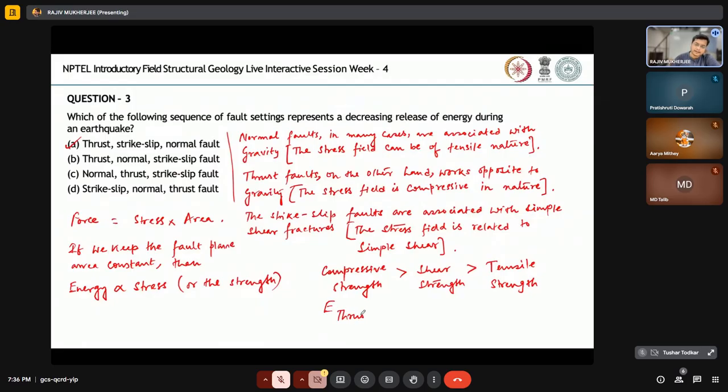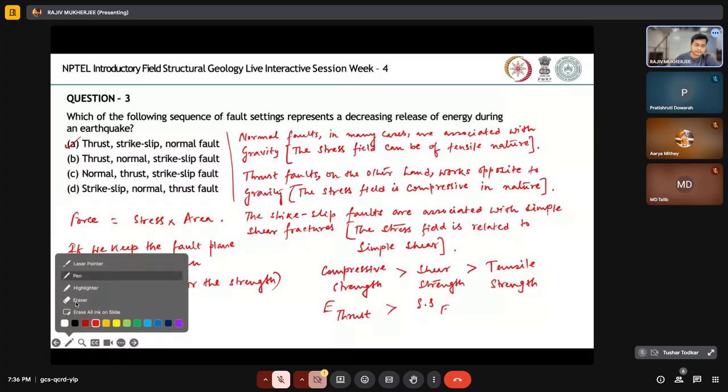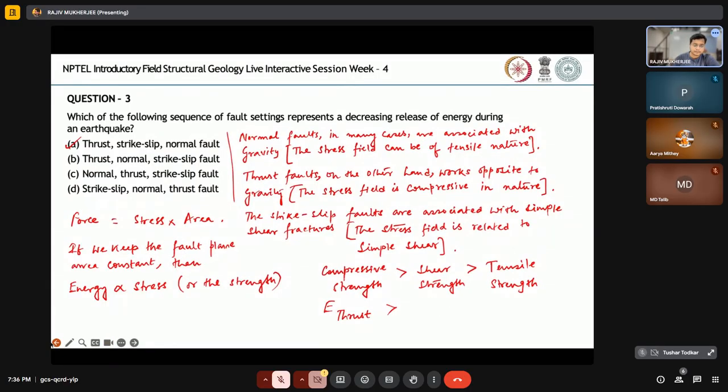So if I talk in terms of energy, the thrust fault energy will be greater than strike slip fault energy, and which will be greater than the tensile or the normal fault energy. So thrust and then strike slip and then normal fault, and as we discussed, option A is the correct answer.